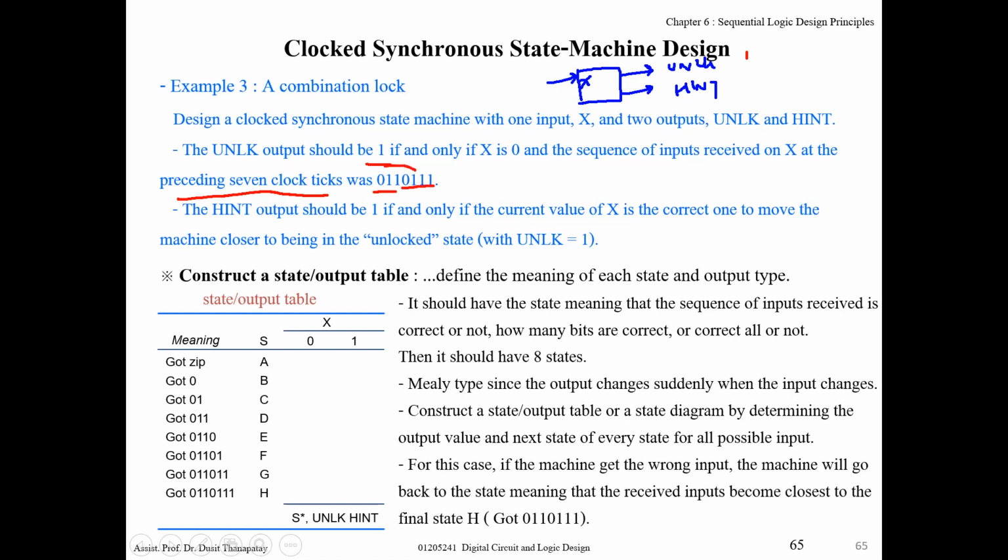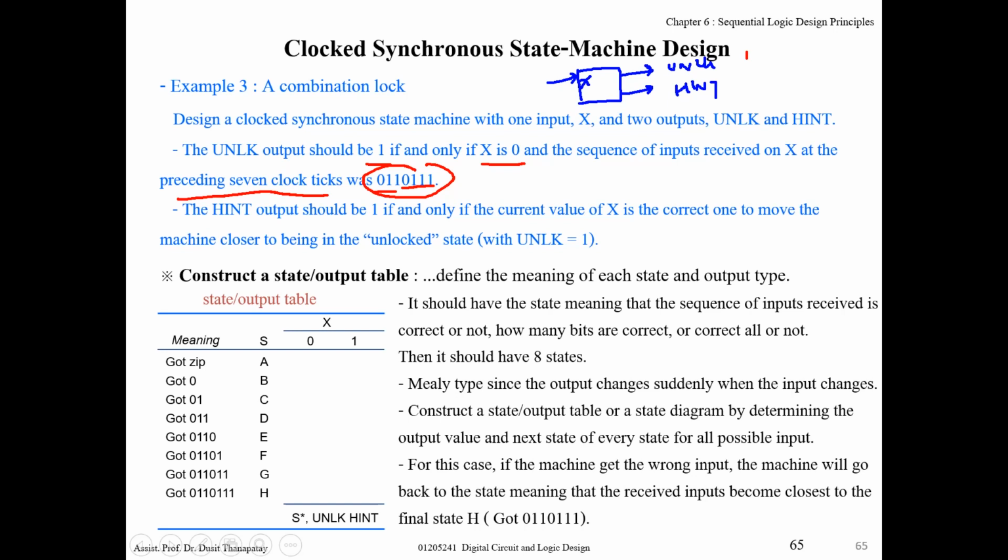The one is something like a password, right? When you enter a password on a computer, you then press maybe the enter key. But in this case, because there's only one input, the value of X being 0 acts as pressing the enter key.